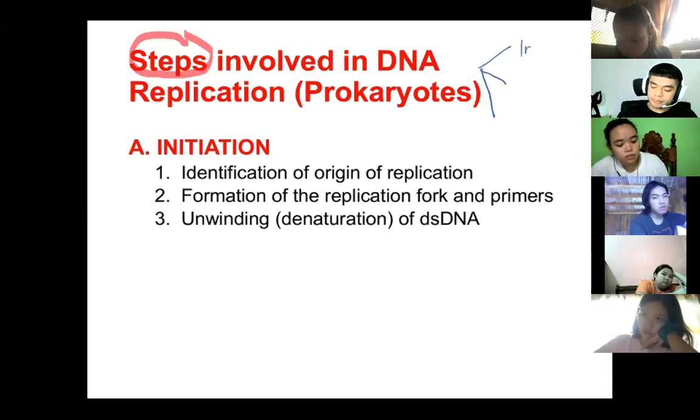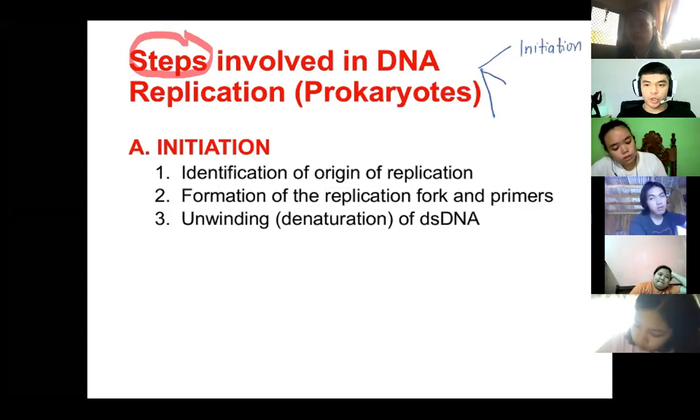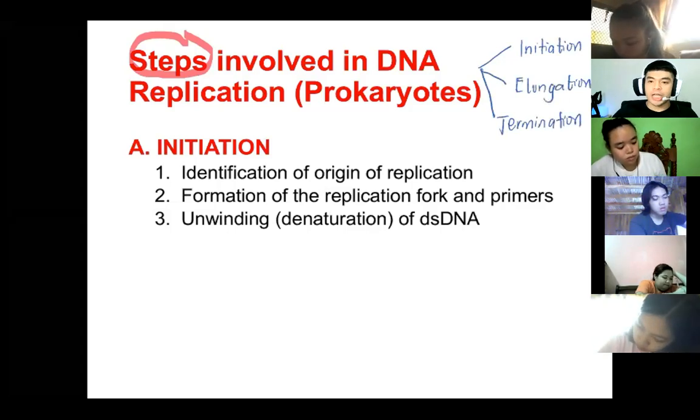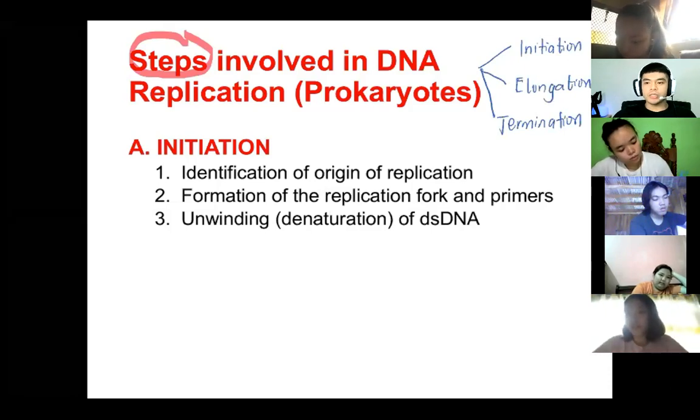Number 1 is initiation, followed by elongation process. And lastly, we have termination. I repeat, we have 3 major steps involved. These are initiation, followed by elongation, and lastly, we have termination.